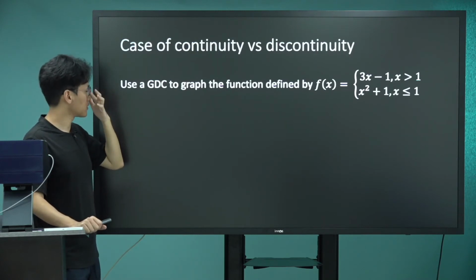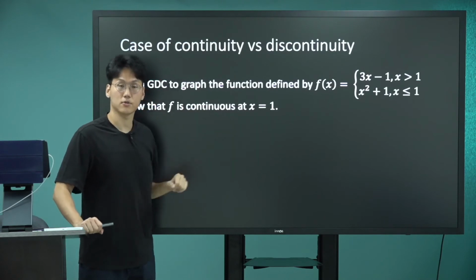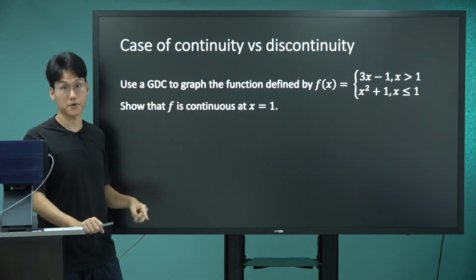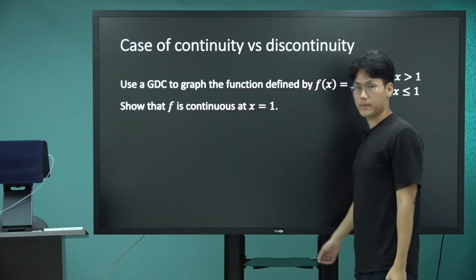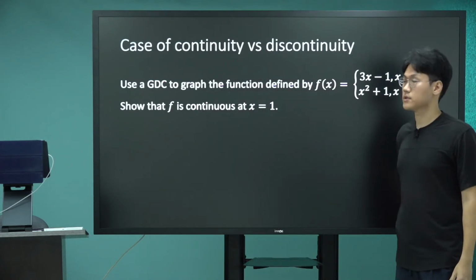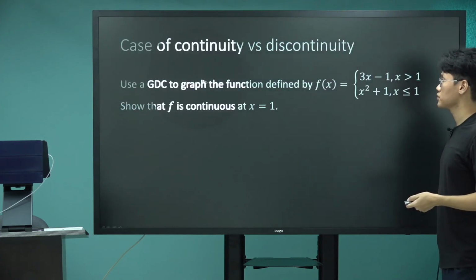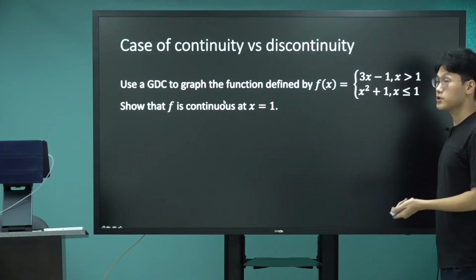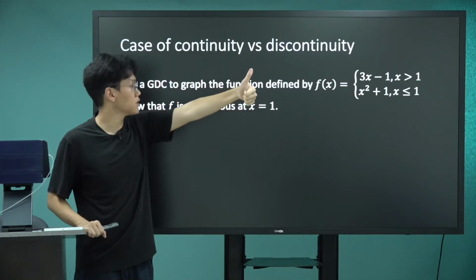I'll show you one first example, and I want to show the continuity at x equal to 1 for this piecewise function. There are a lot of piecewise functions that you are going to be given, and then you need to mention their continuity and differentiability. But for this piecewise function, proving continuity is pretty simple. What you need to do is to have a look at the left limit and right limit, right?